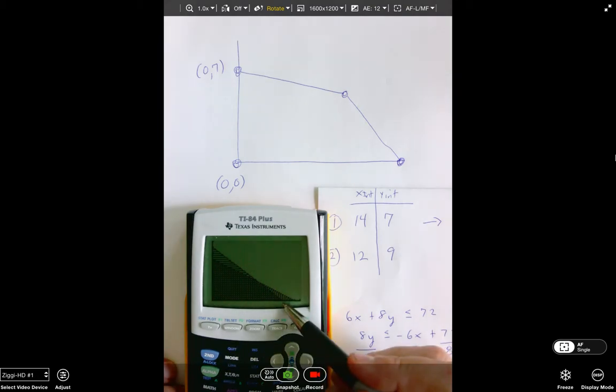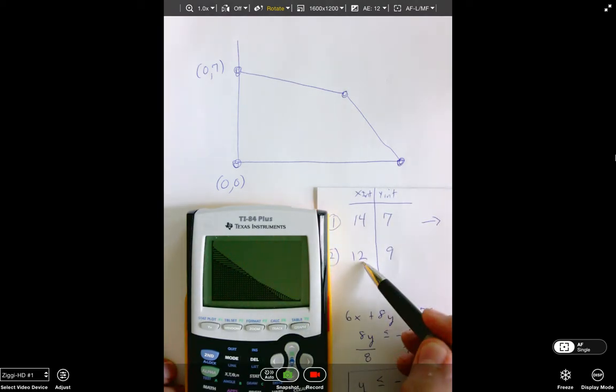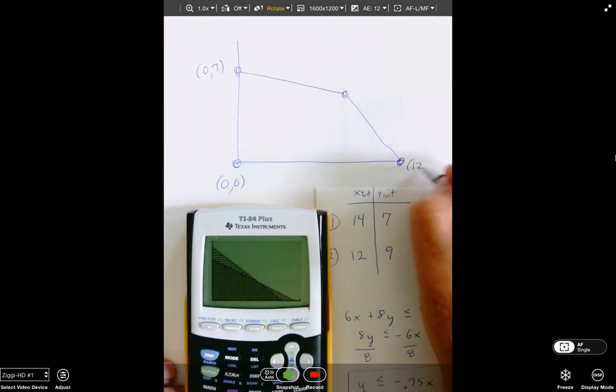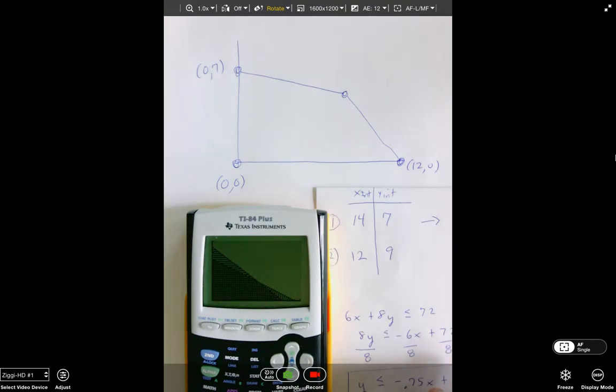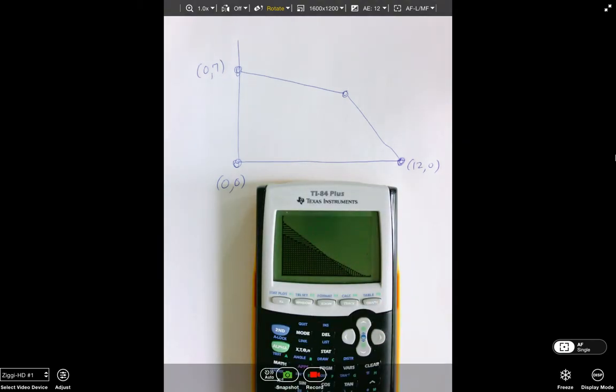I come out here and look at my x-intercepts. There's my smallest, there's my biggest. My biggest is 14, my smallest is 12. I'll let my calculator find the other. It's really simple.